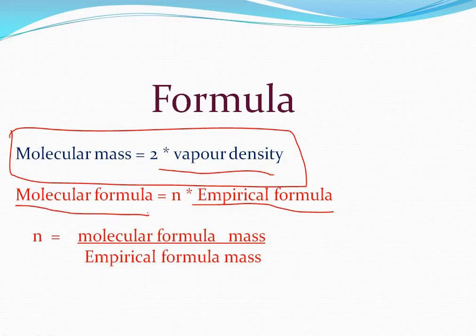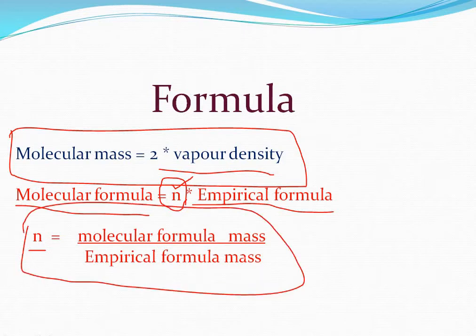Because if we want to calculate the molecular formula of the compound, then we require the empirical formula, and secondly an integer value, that is n. n is an integer value here which can be 1, 2, 3, 4, whatever number it can be. Now if we want to calculate the n value, the formula for this is the molecular formula mass of the compound divided by the empirical formula mass of the compound, right?